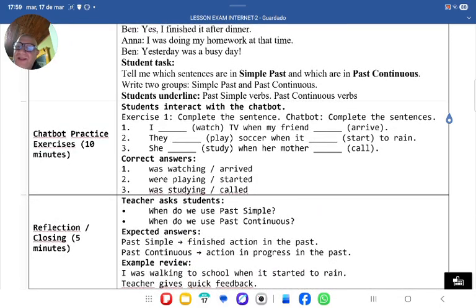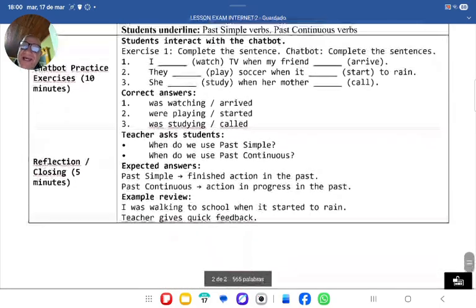Then the chatbot gives other exercises, for example, fill in the gaps, and the students have to fill in the gaps with the answers they have.